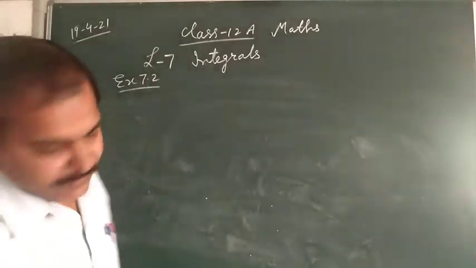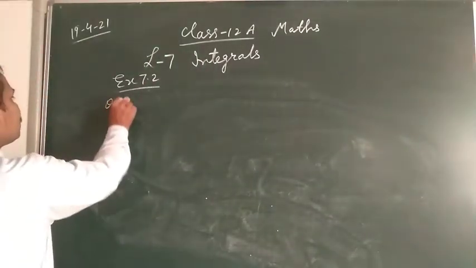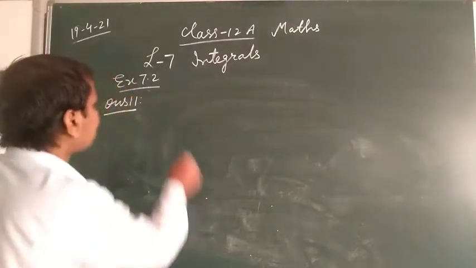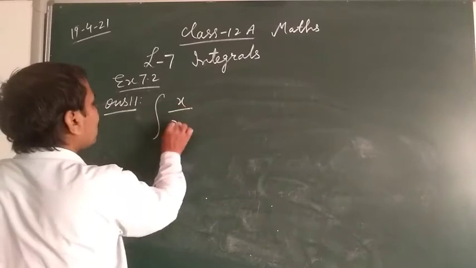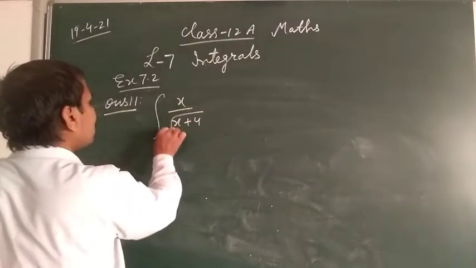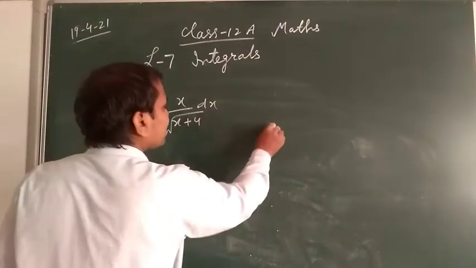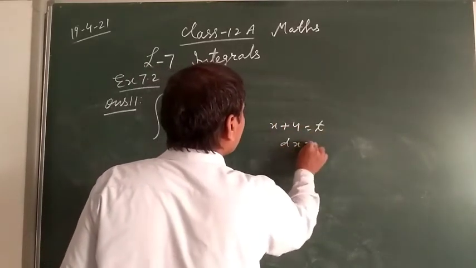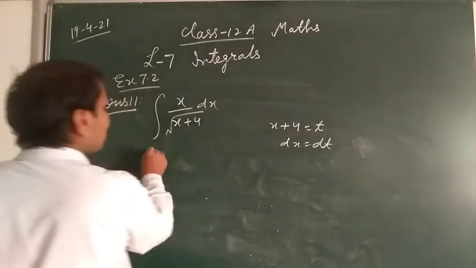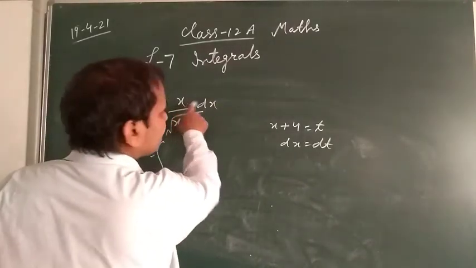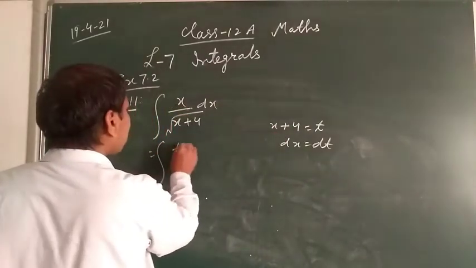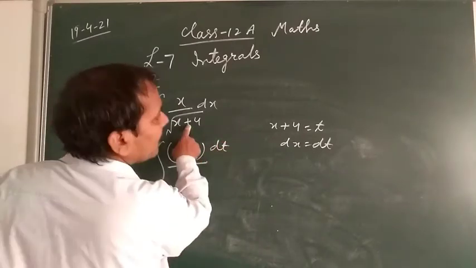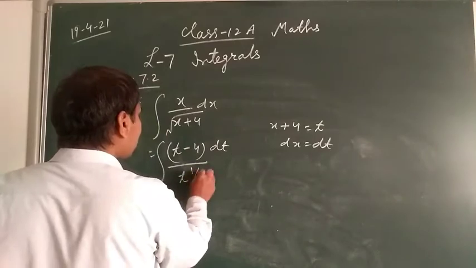Question number 11: x upon under root x plus 4 dx. So suppose x plus 4 is t. So dx equal to dt, and x from here we can write t minus 4, and dx is dt, and here t power 1 by 2.